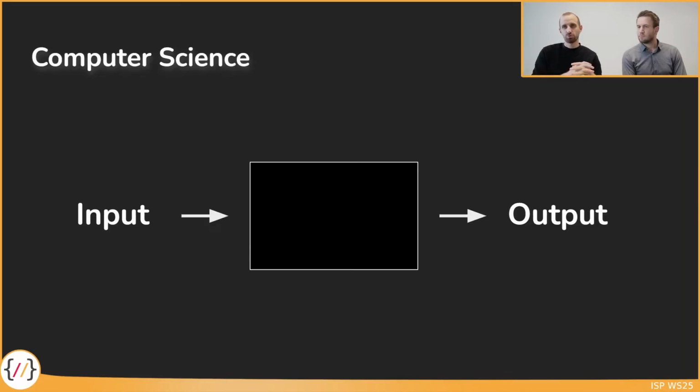You want to convert the input to a specific output. And this black box here in the middle is basically what you should do as a computer scientist, the program you are writing. This program takes input. Maybe it's a user who enters something, and it should create some output.